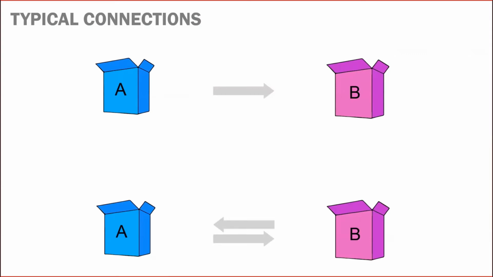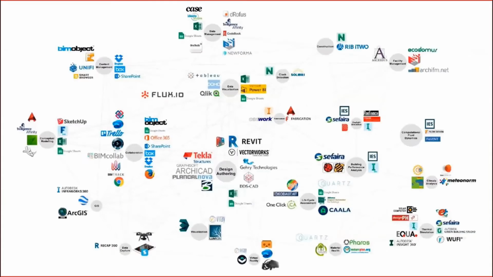But as we all know, the AEC ecosystem is getting larger and larger every year. It's even including programs that are not originally from our industry. So how can we keep up if we only connect things from point A to B?